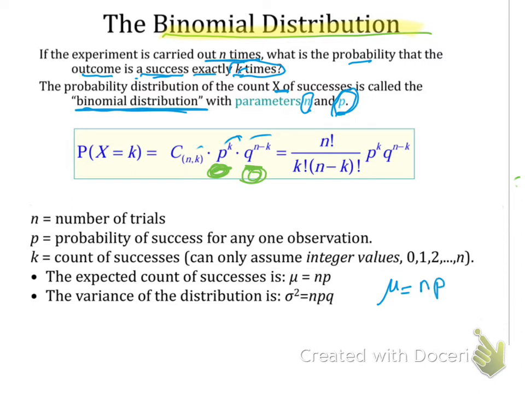Not x p like before, it will be np. n, the number of trials, times the probability, okay? The variance, which is sigma square of the distribution, will be equal to npq, okay? So np, and we just add q. So mu times q, okay? So here np and here npq.